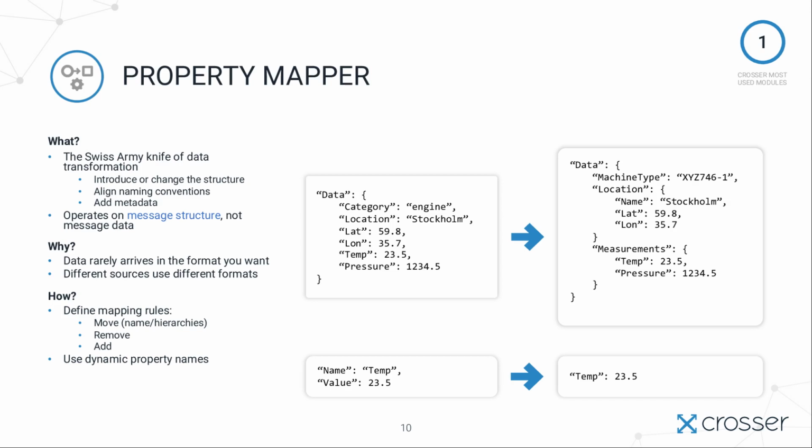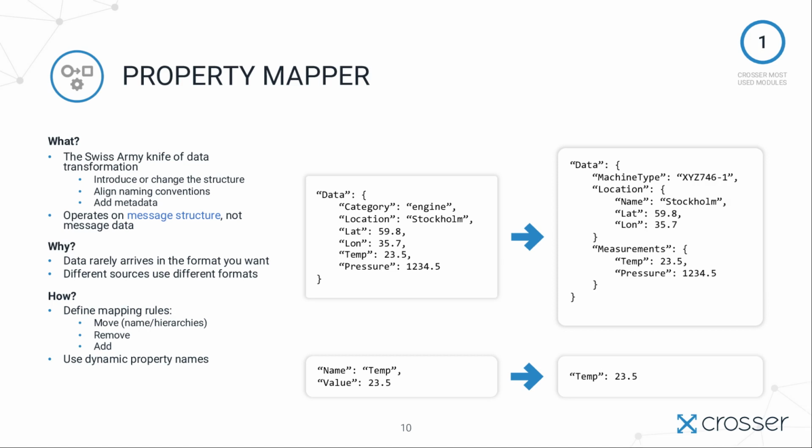So what we've done here by setting up some rules is to create some structure. We combined all the location information into a new object called location, and then we have all the information there, both position and the name of the location. And we collected the actual measurements into another object called measurements, where we put in those 2 values that we got from sensors.